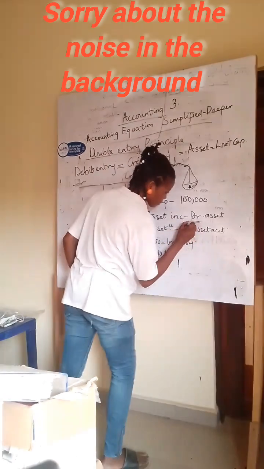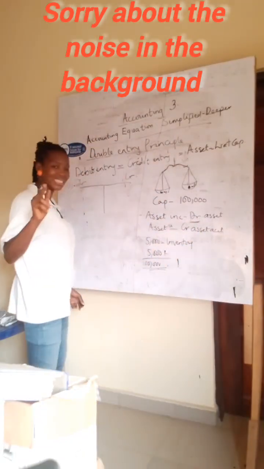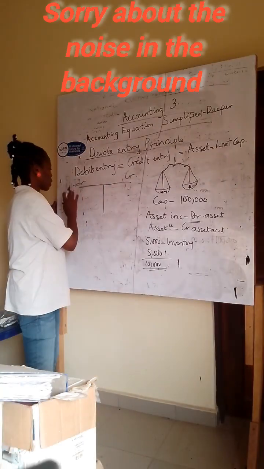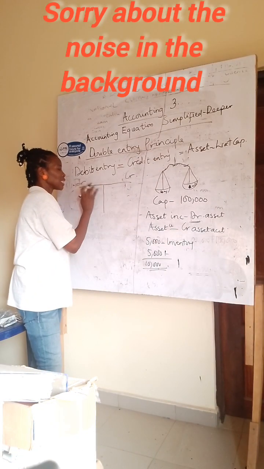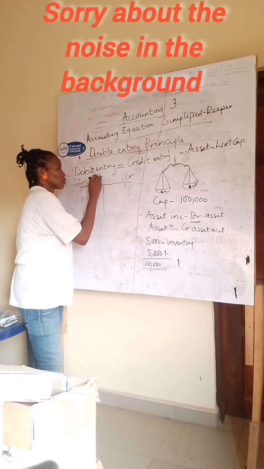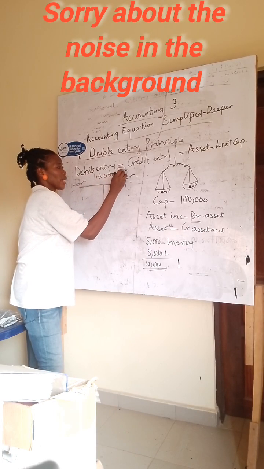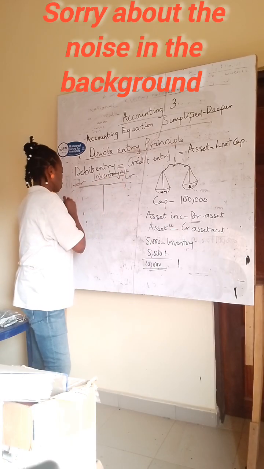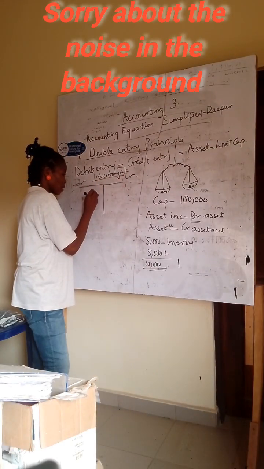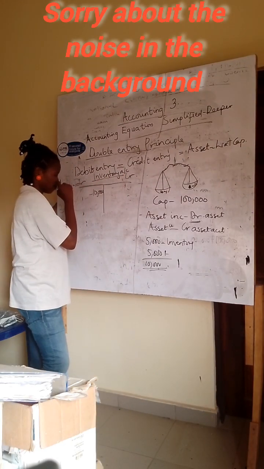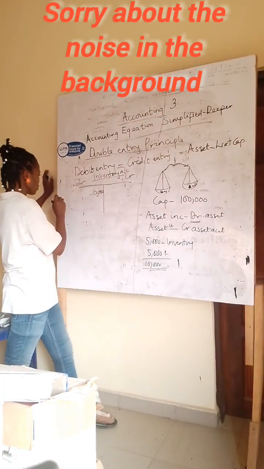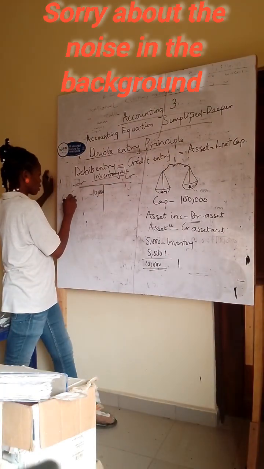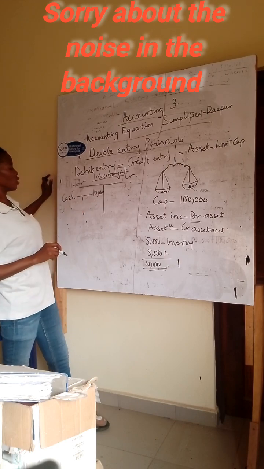Debit your asset account. And that means you're going to write whatever you have on the left side of your T account. Let's assume that this is your inventory account, AC for short. So you're going to have 10,000 naira as inventory.